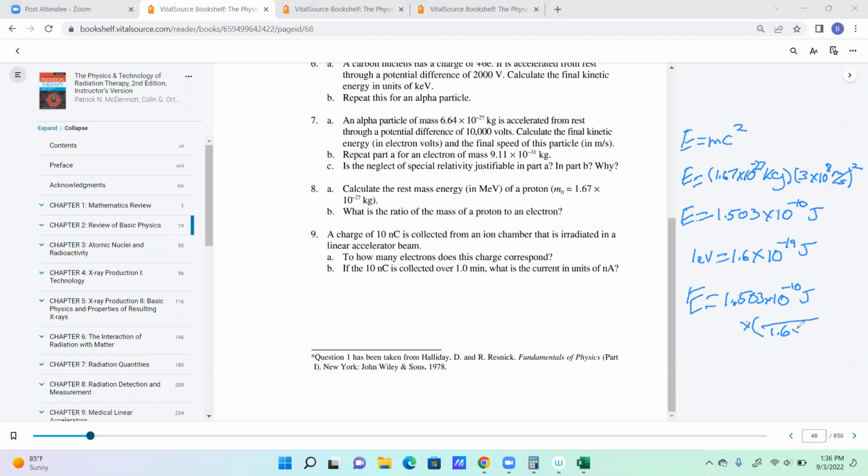So I'm going to divide by 1.6 times 10 to the minus 19th.